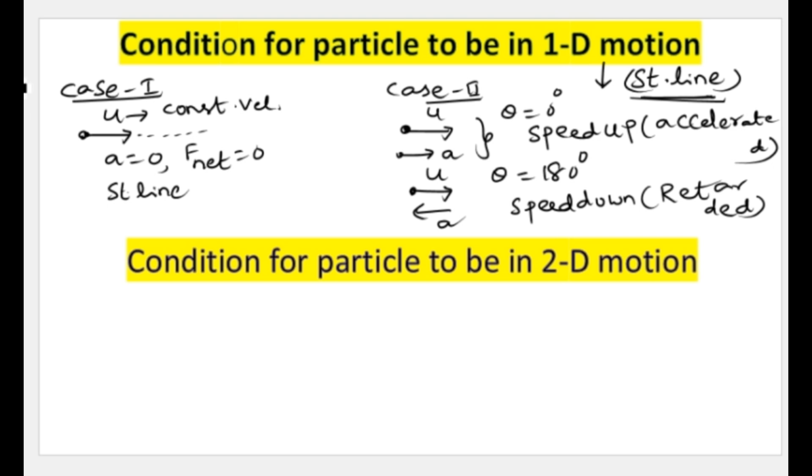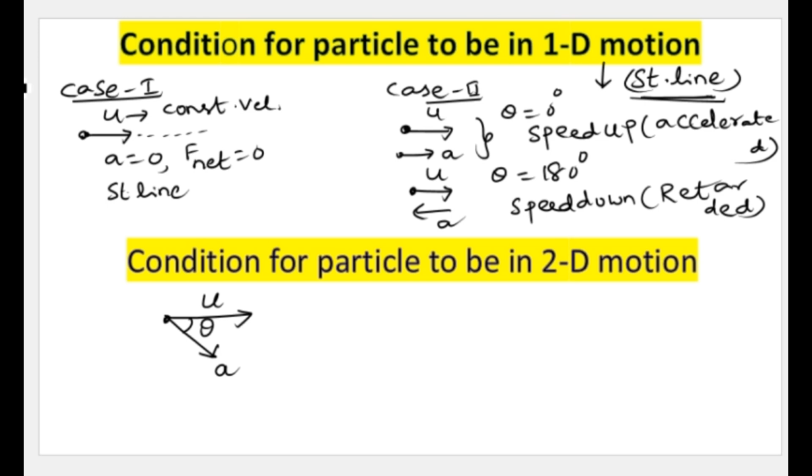Then what is the condition for particle to be in 2D motion? 2D motion means if initial velocity of the particle is in this direction and acceleration is acting like this, so there is an angle between u and a that is not equal to 0 or 180 degrees.